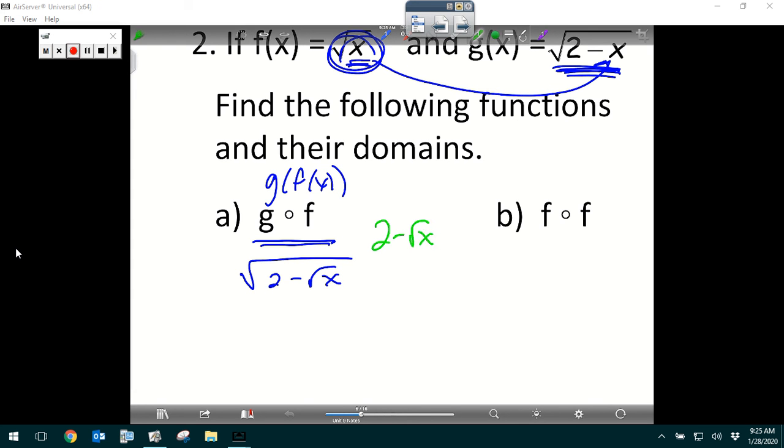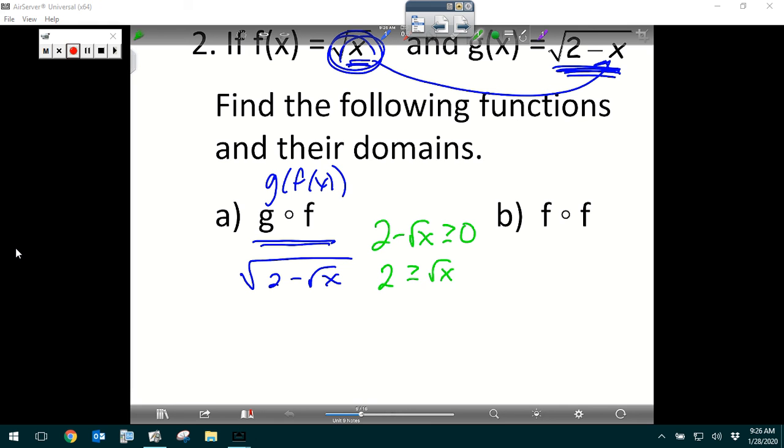I need to force that to be greater than, is it allowed to equal 0 in this case? Yes, greater than or equal to 0. That's what I need to have happen. Okay, so let's solve that. I'm going to move the square root of x over. I added it to both sides.